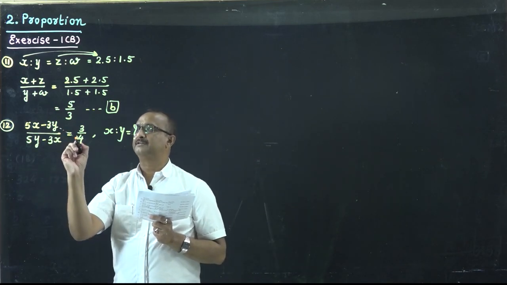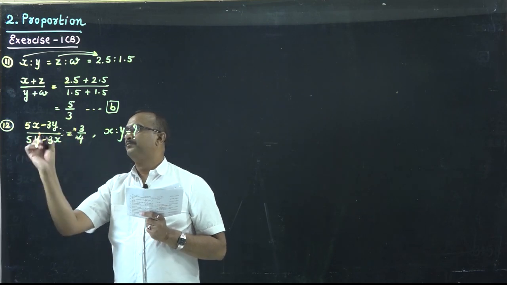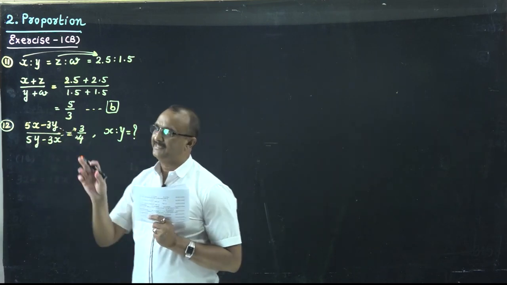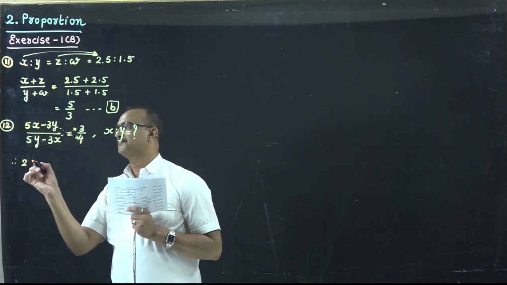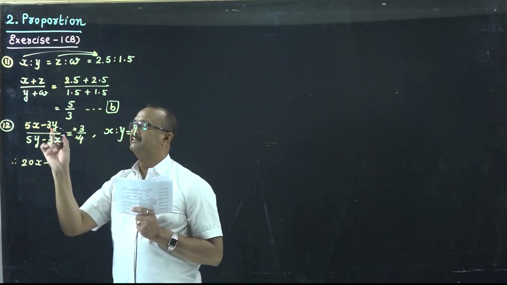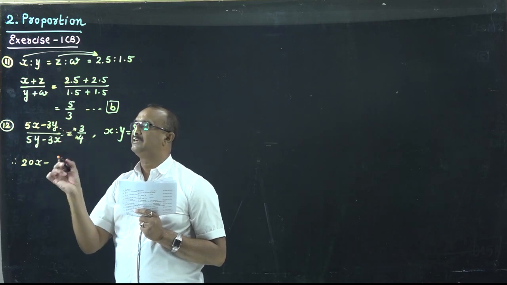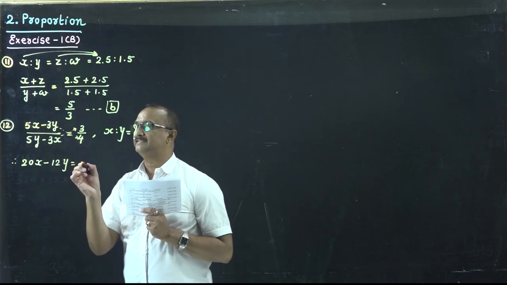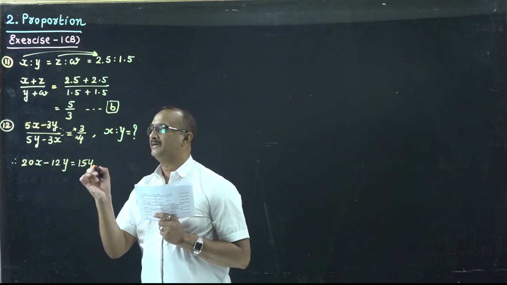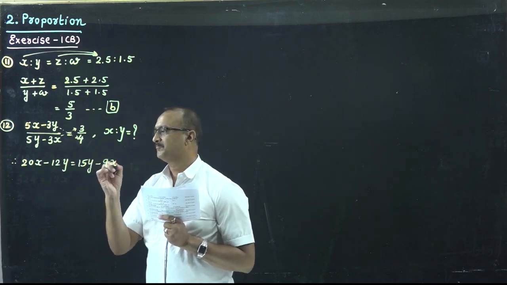First of all, do your cross product. 4 into (5x minus 3y). I am doing it directly, so pay attention. 4 5s are 20x minus 3 4s are 12y equals 5 3s are 15y minus 9x.